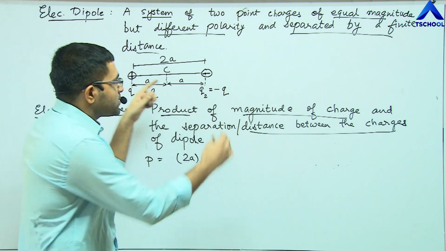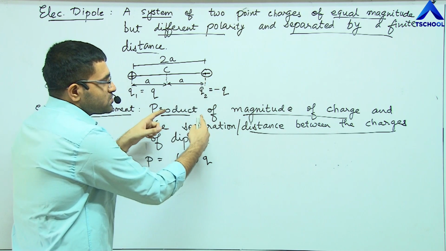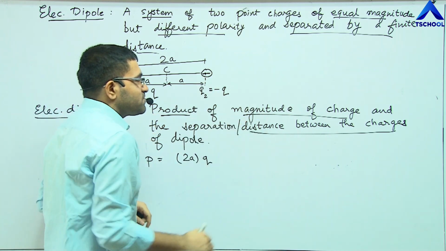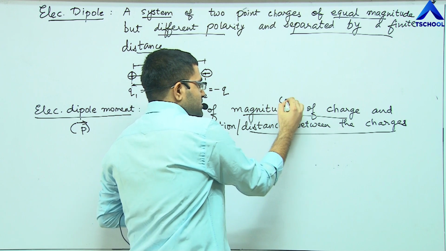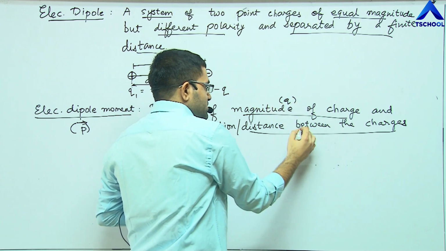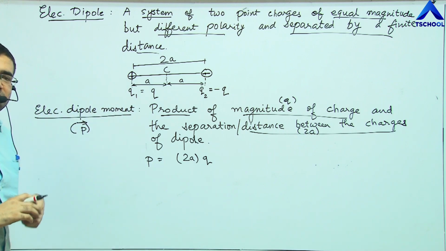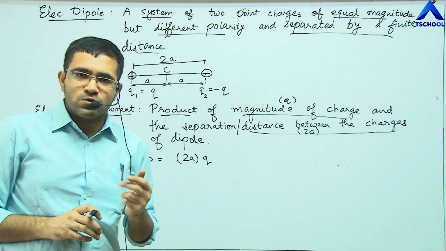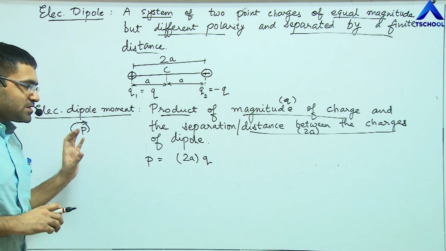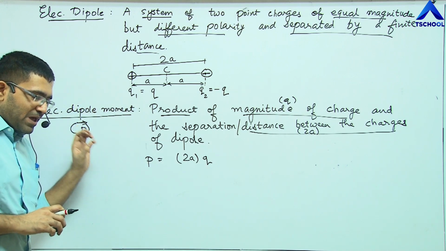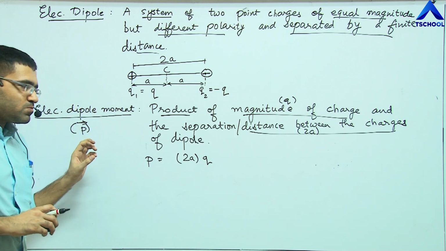Distance between the two charges, 2a into q, that is the magnitude of charge. Again, this is q and this distance is 2a, and that's why P is equal to 2aq, right? That is the scalar, the magnitude of the electric dipole moment.